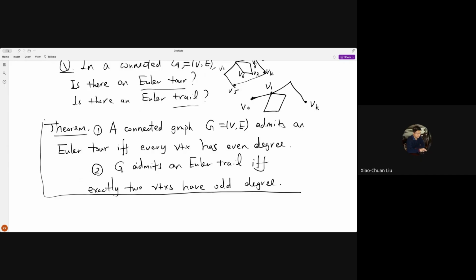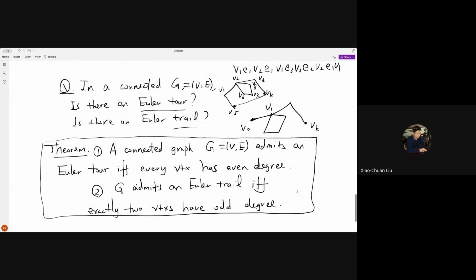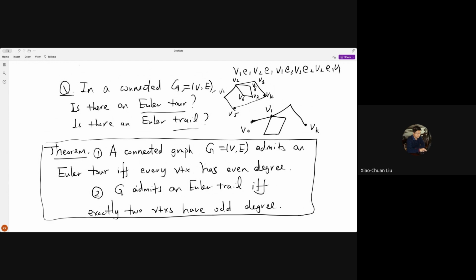The proof, I will do it, is not particularly difficult, but it's really something you should learn. You try to extract some information and eventually prove a theorem. Like in this situation, the degree of V0 is 1, and the degree of VK is 1, and this has degree 2, and this has degree 4, 2, 2, 2.